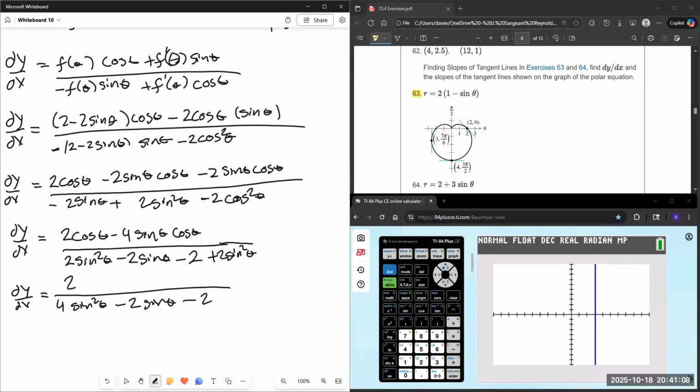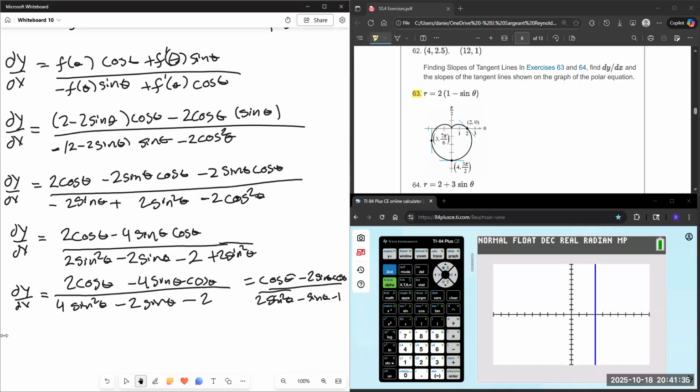These are all even, so might as well take the 2 out of everything to simplify. It's cosine minus 2 sine cosine. I don't want to use a double angle identity and make things harder here. 2 sine squared minus sine minus 1.